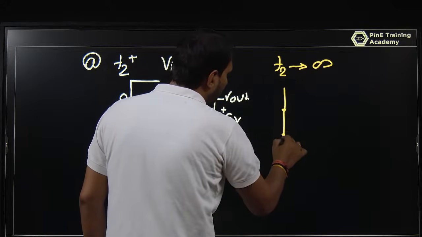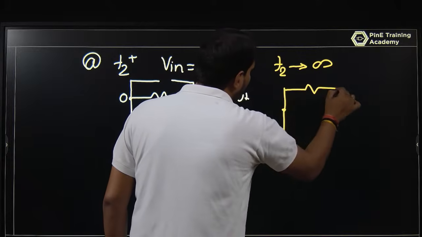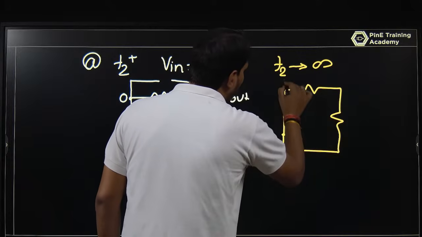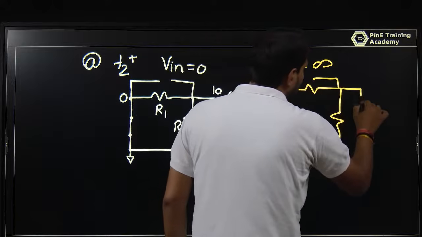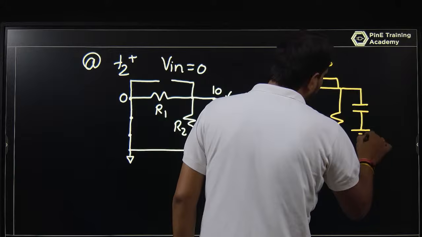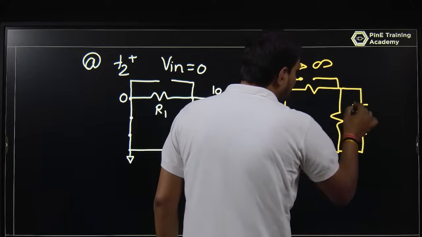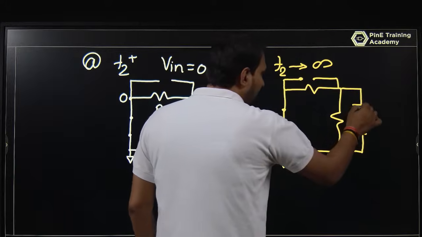So the input voltage remains 0. You have a resistor here and a resistance here, and this is an open circuit, and this is 5, this is the capacitor. In steady state the capacitor acts like an open circuit.